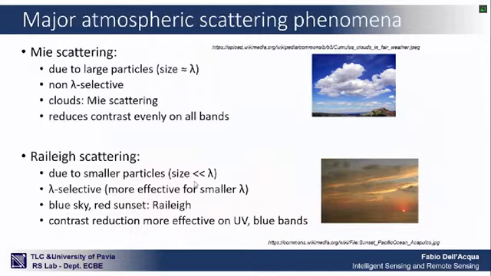Clouds are the result of scattering, and clouds are a blocking factor when you do optical remote sensing. Given the size of the particles, clouds are very effective at scattering light in the optical domain.